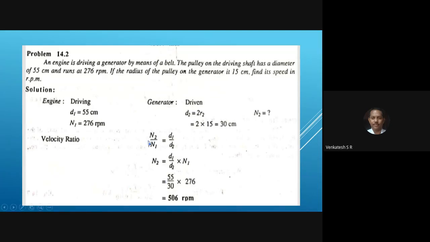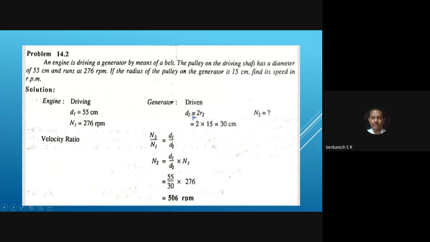Therefore, you need the N2. For that reason, N2 equal to N1 multiplied by D1 divided by D2. You know the D1, 55 centimeter.